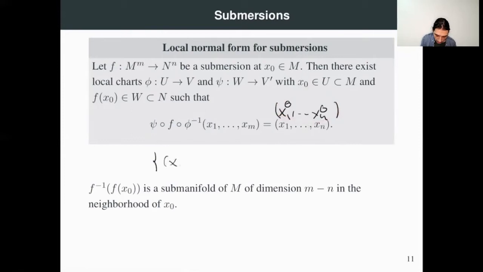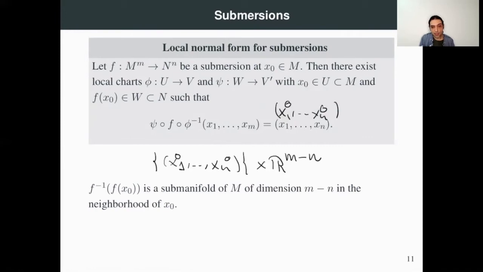the product, how can I, yes, the product of the set consisting only of this point and R to the m minus n. And so yes, in local coordinates, it's clearly a submanifold.